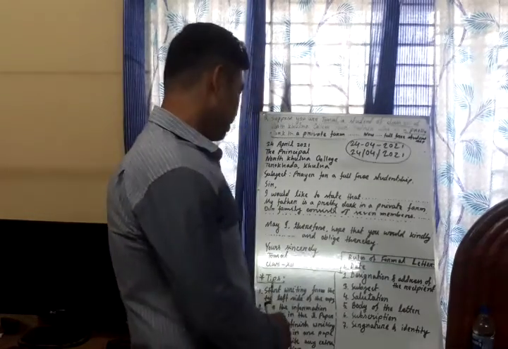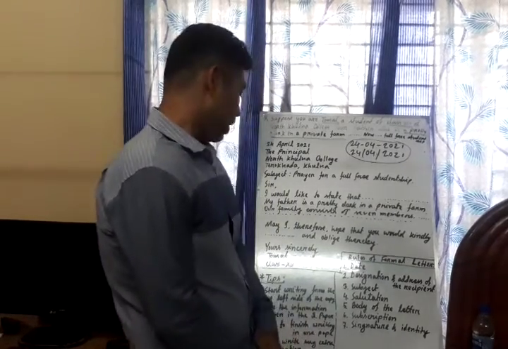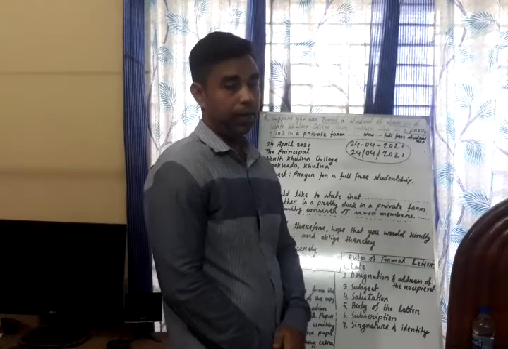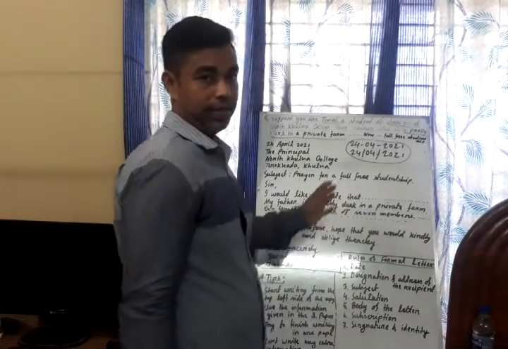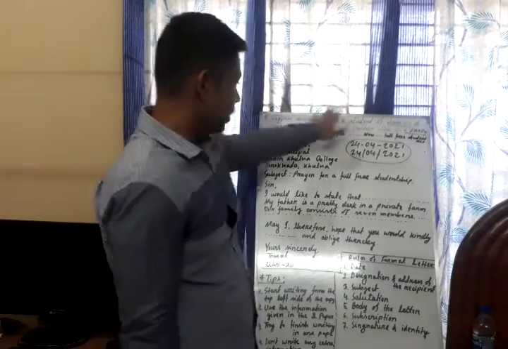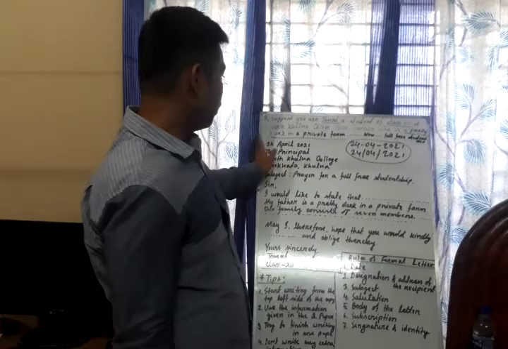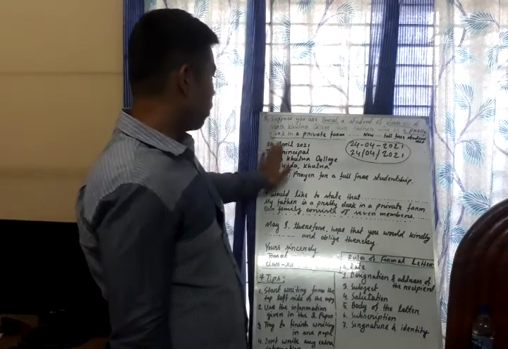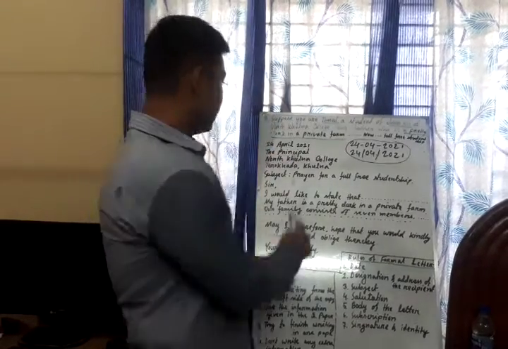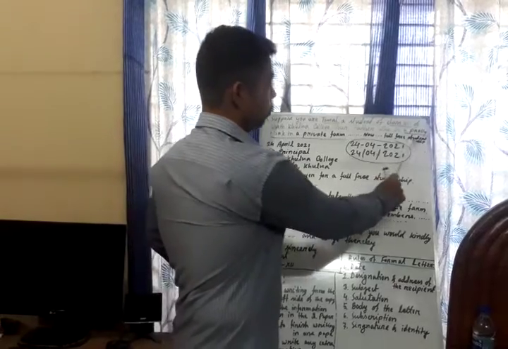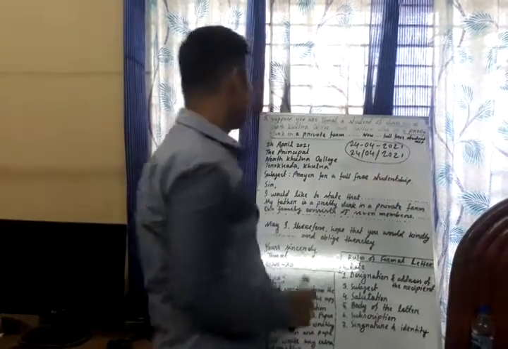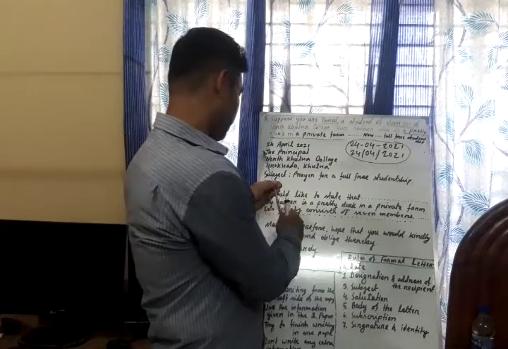First one, start writing from the top left side of the copy. We follow this style. Think that this is your answer script, and you have to start from the top left. This is top left, this is top right. So, the top left side.